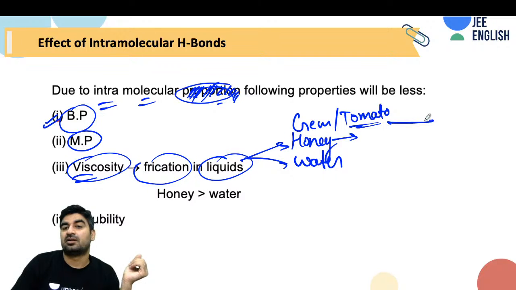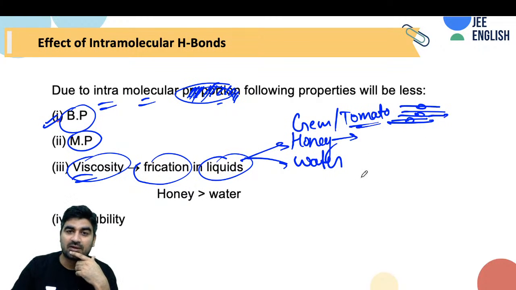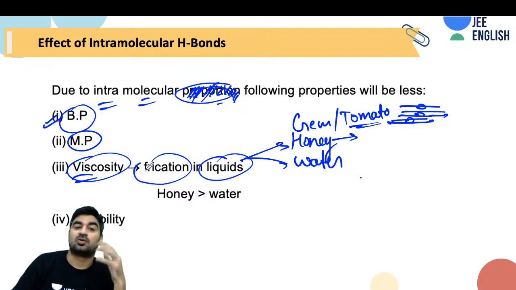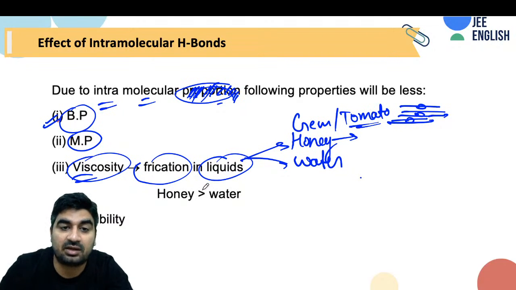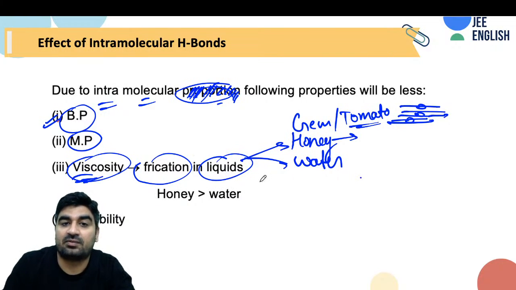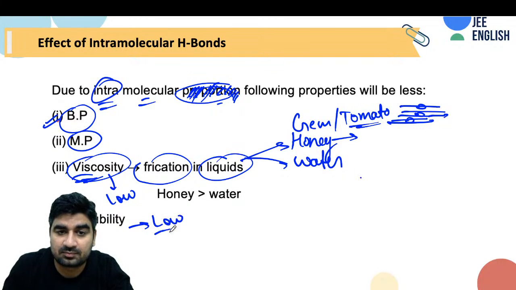One layer will not allow the other layer to move ahead because there is very high friction between them. In water it is very low, in alcohol it is very low. So first of all you should understand what viscosity means. Then I will tell you how viscosity will be affected. So due to intramolecular bonding, viscosity will be low, solubility will also be low.